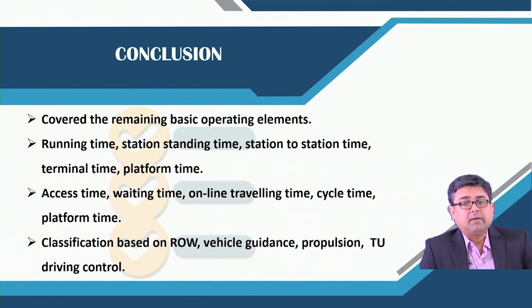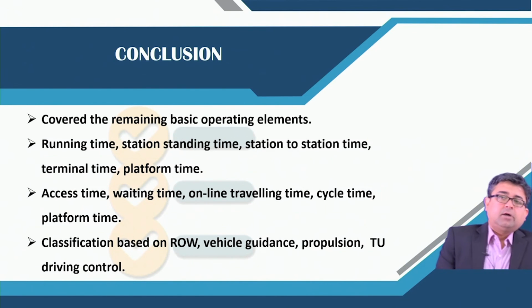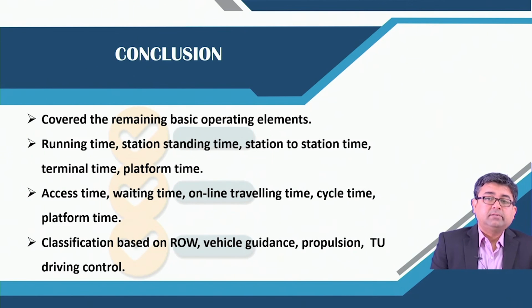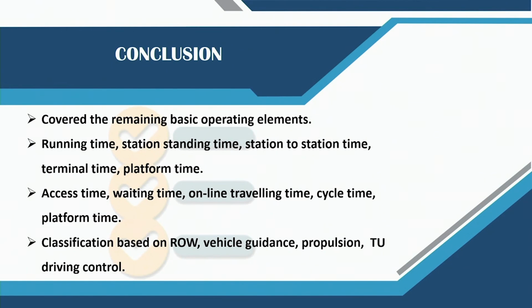So, now that we come to the end of our basic operating public transportation module, we have covered in this lecture all the other elements such as the running times, the different types of times involved, such as station standing time, station to station time. We also looked at access time, waiting time, and then we looked at different types of classifications that are based on right of way, vehicle guidance, propulsion or driving control.